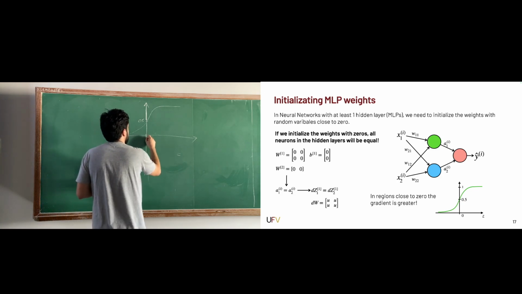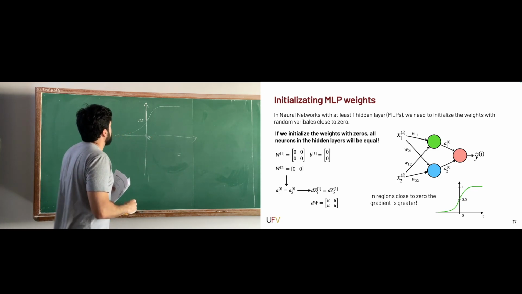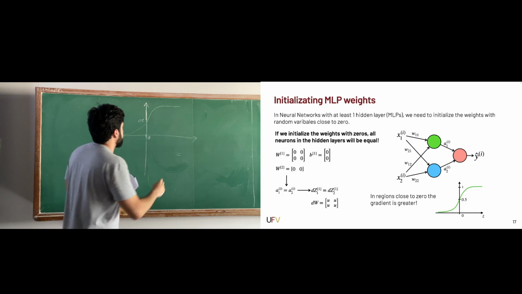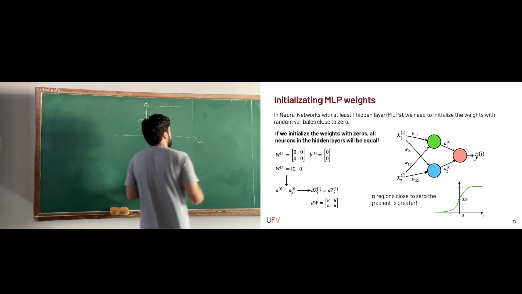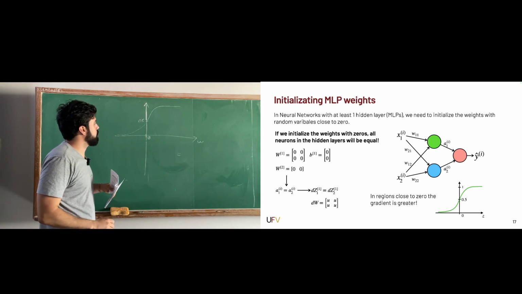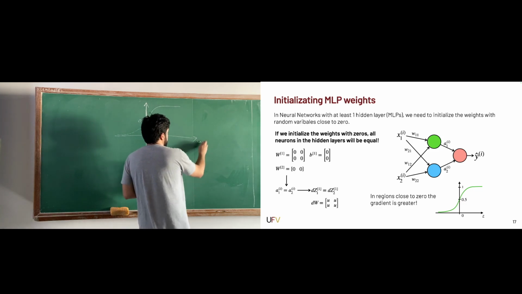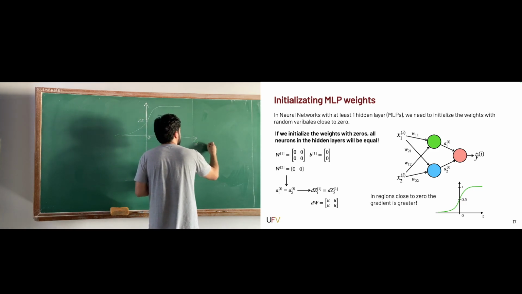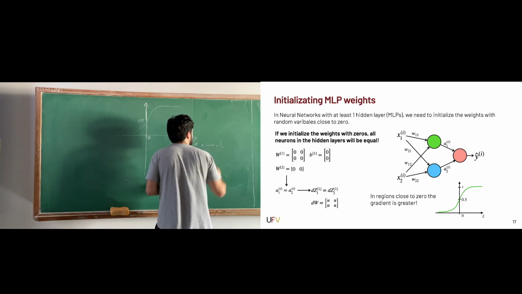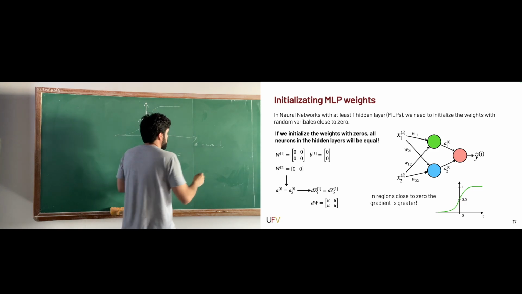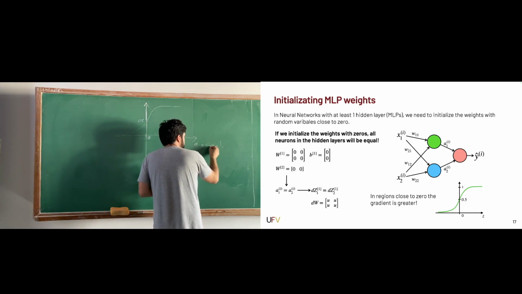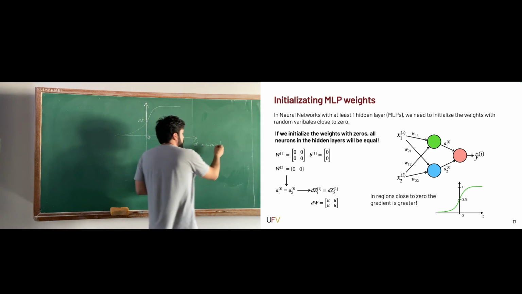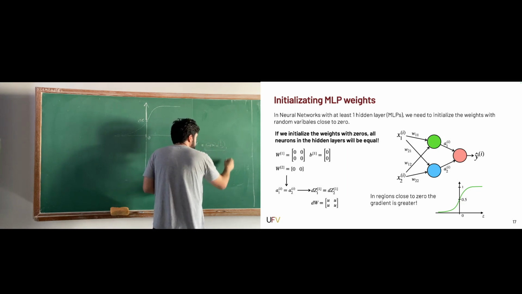This is 0. So imagine this is W. Okay? This is actually Z, right? But this is Z equals WX plus B. So if W is close to 0 and B is close to 0, Z is going to be close to 0.